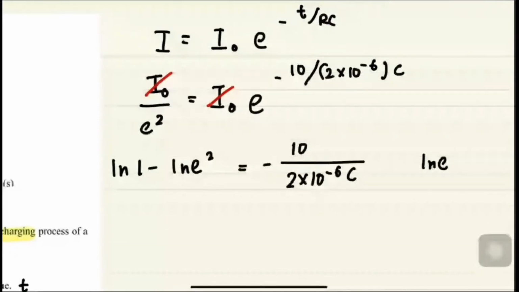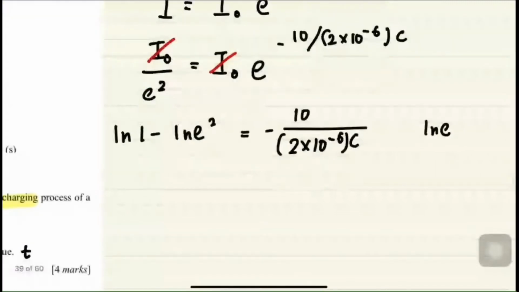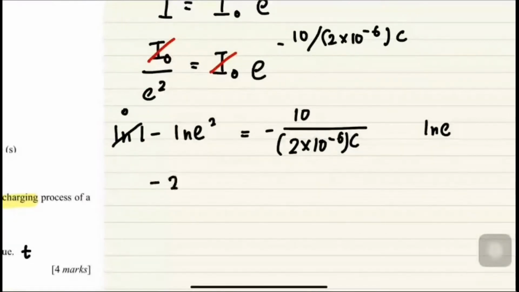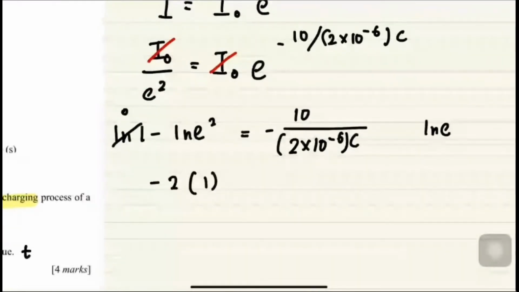The rest is mathematics. ln 1 is equal to 0. Then ln e squared, you can bring the 2 to the front, and ln e becomes 1.